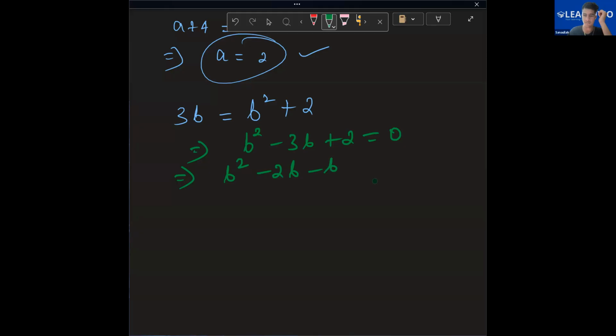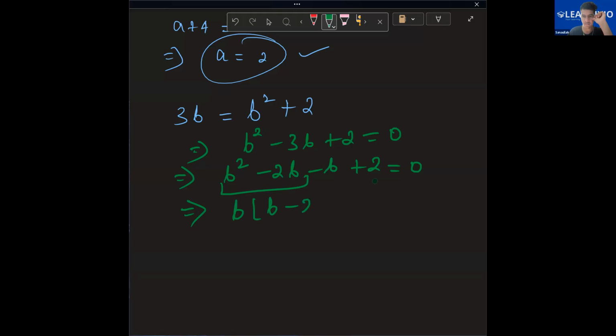Do you know how to solve this? Sir, we will take b minus 2 common. Yeah, you can take that, but it is simpler to take b common.